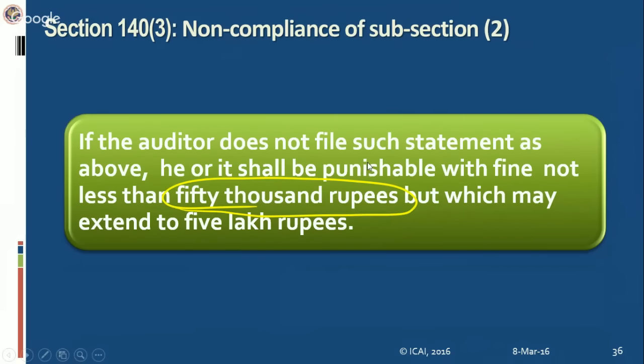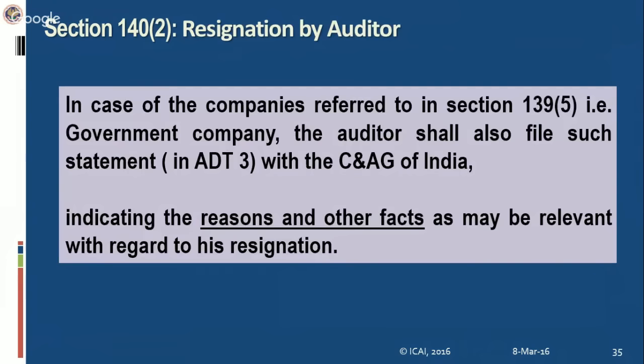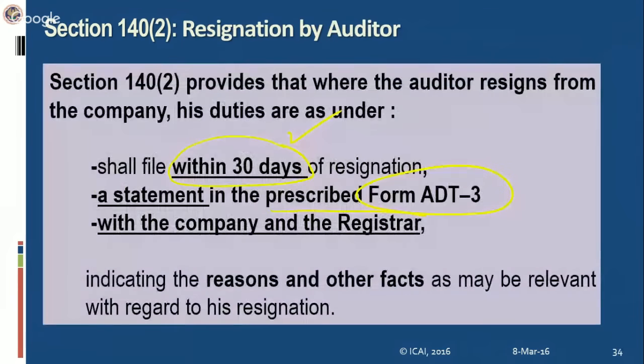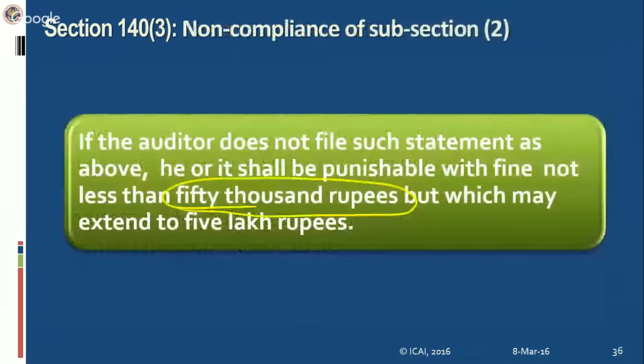If he doesn't follow subsection 2, he doesn't file a statement within 30 days in form ADT3 with the company and registrar, the Act has the power to impose fine also, 50,000 rupees fine on the auditor, which may extend to 5 lakh. This is the minimum and maximum penalty. So penal provisions are also there.